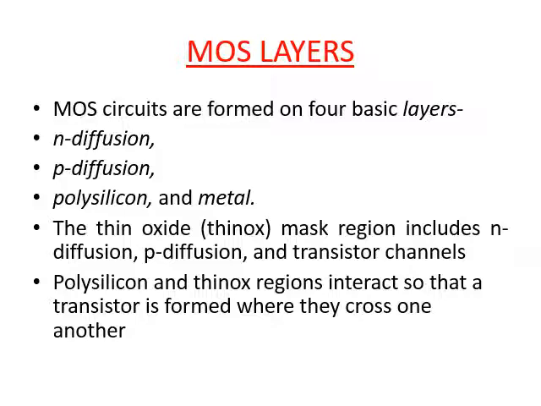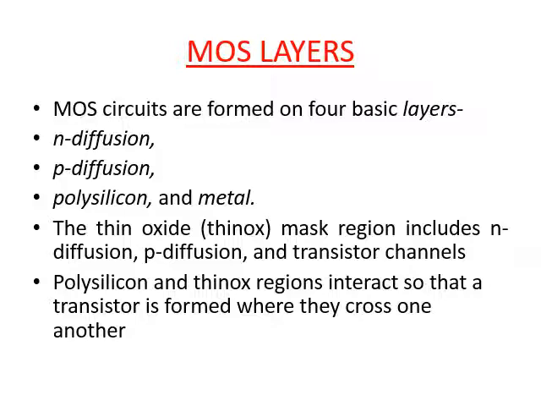So basically, MOS circuits are formed on four basic layers, that is N diffusion, P diffusion, polysilicon, and metal. The thin oxide mask region includes N diffusion, P diffusion, and transistor channels.